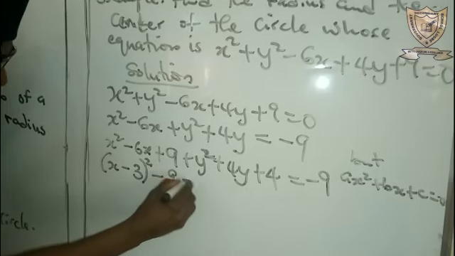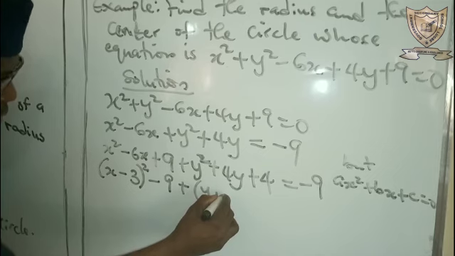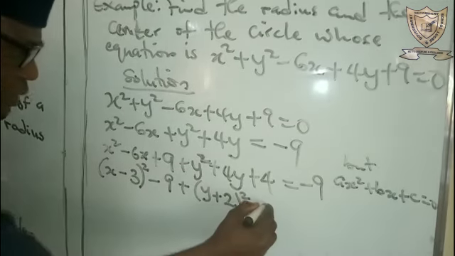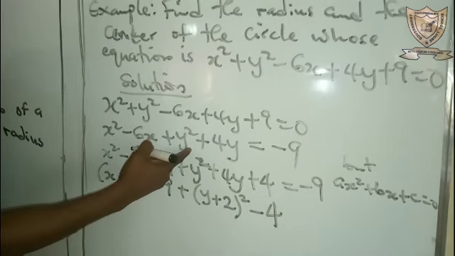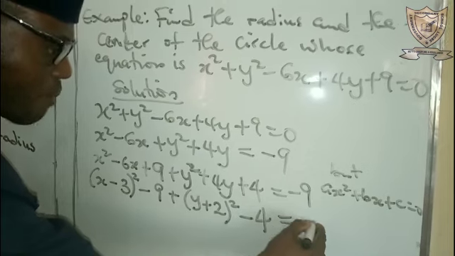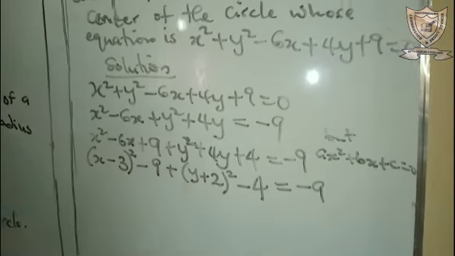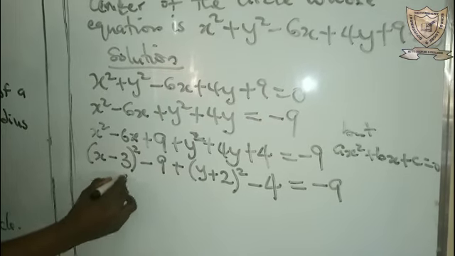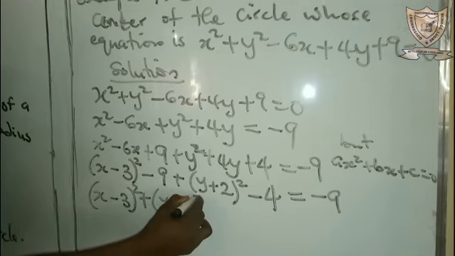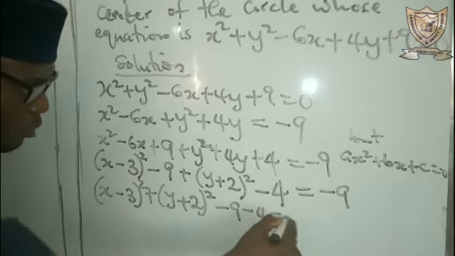Here too, (y plus 2) squared minus 4. Here we have (x minus 3) squared plus (y plus 2) squared minus 9 minus 4 equals minus 9.